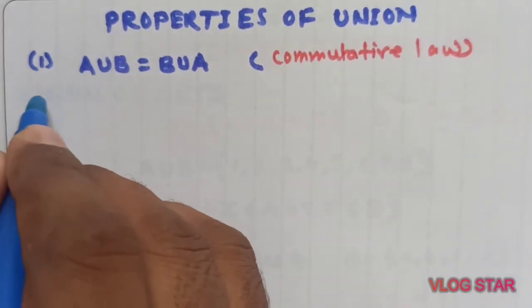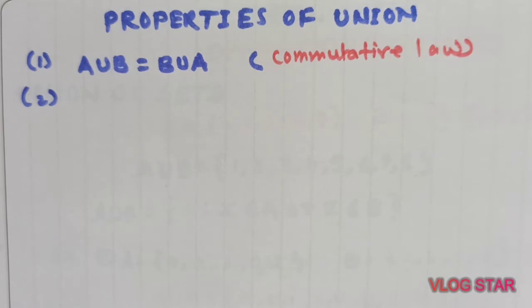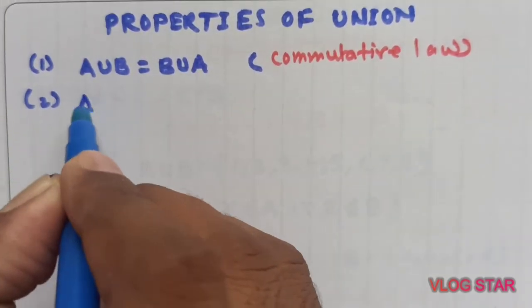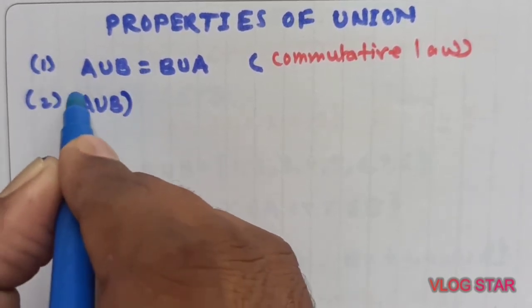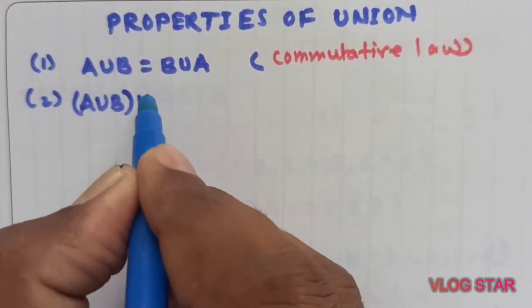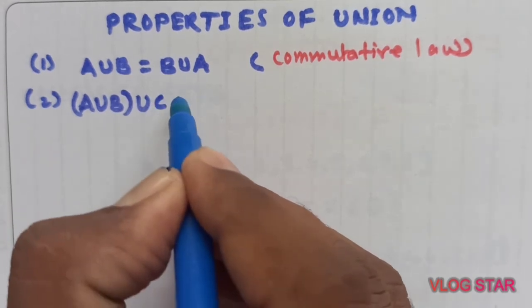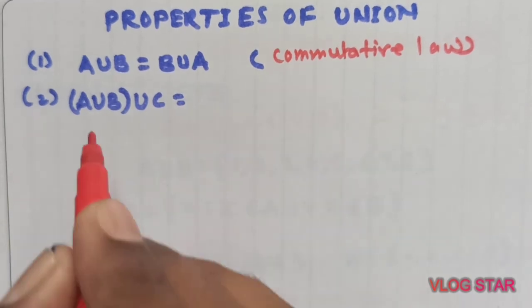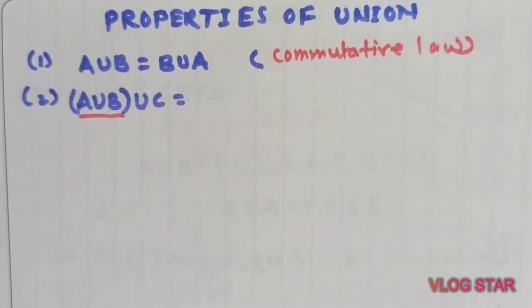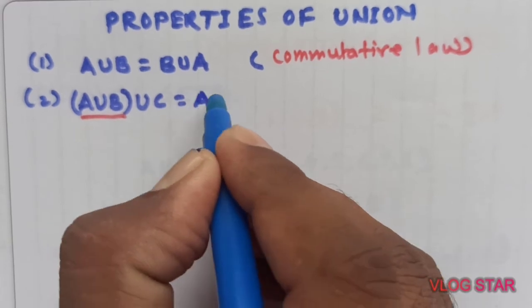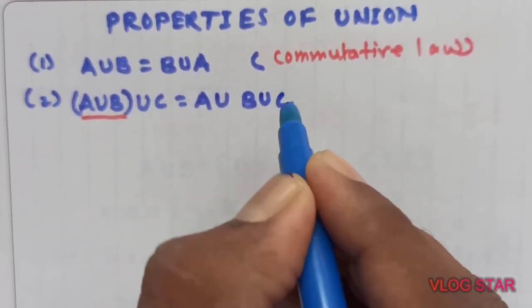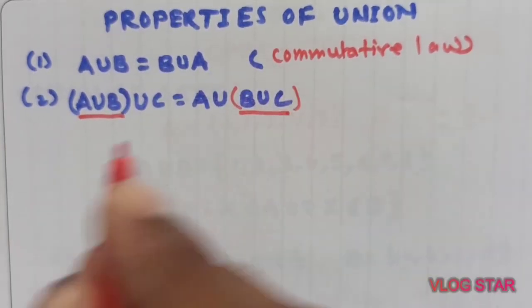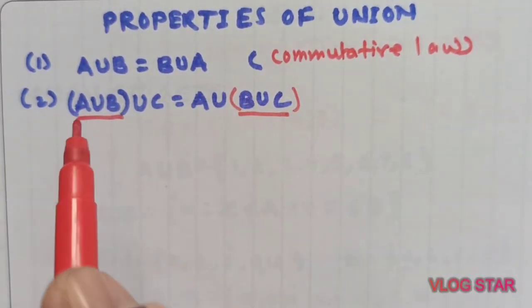Look at the second property, which is about three non-empty sets. If I have taken three non-empty sets, say A union B, first I will calculate A union B, and with whatever answer I get, I calculate union C. In the other case, first I will take the union of B and C, and then union with A. So the final answer would be the same.